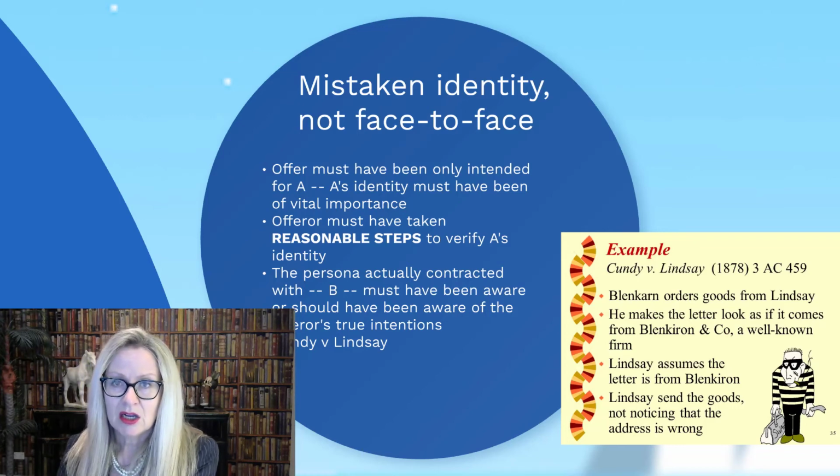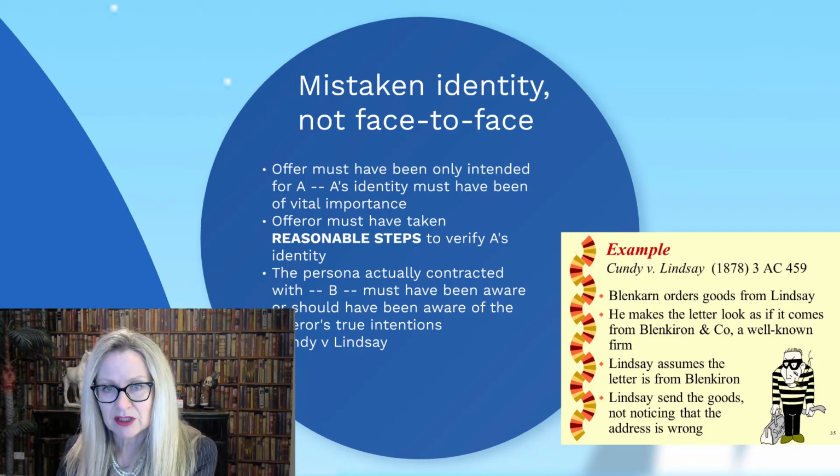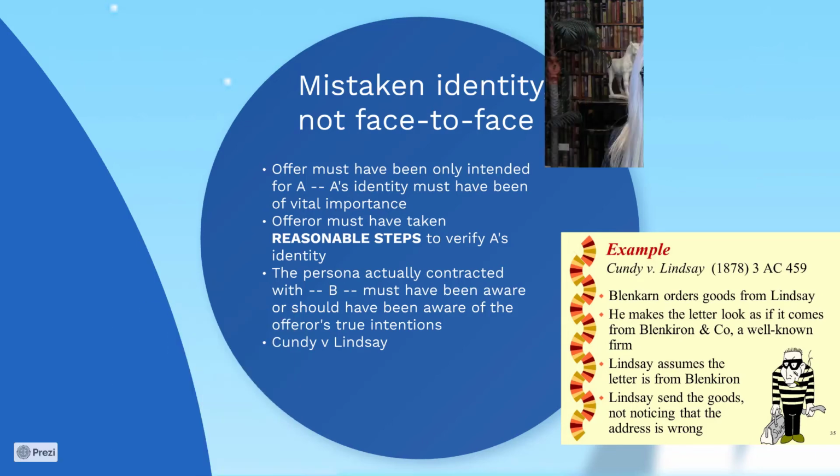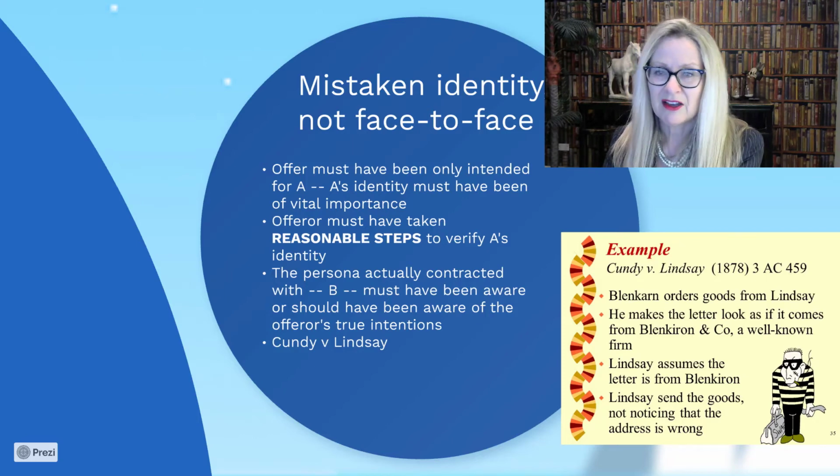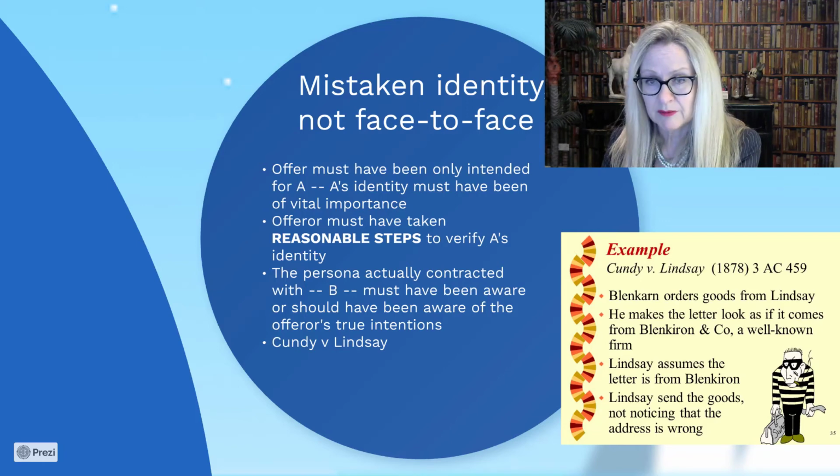Okay, you need to establish that the offer was only intended for party A, and that A's identity was in fact vitally important to your client. The offeror must have taken reasonable steps to verify A's identity, and the person actually contracted with, this is the rogue B that's impersonating A, must have been aware or should have been aware of the offeror's true intentions.